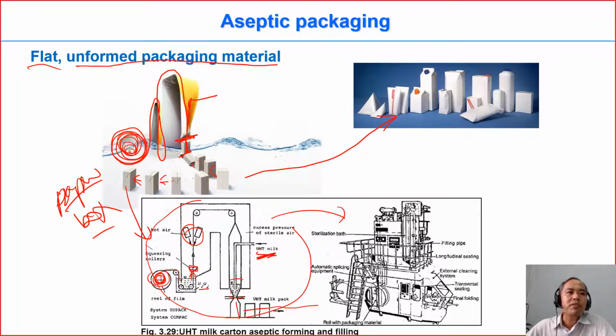And the packaging material here has many layers, it can be 6 or 7 layers, not a single one. The inside one should be a material which can be in direct contact with food and not be corroded by food. For example, even if food has high acidity, this layer should be intact.